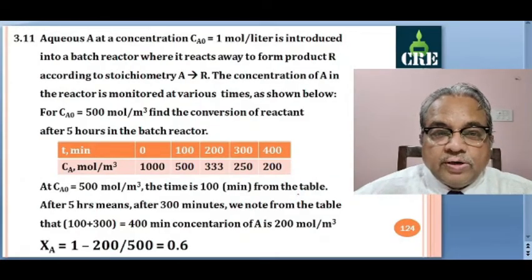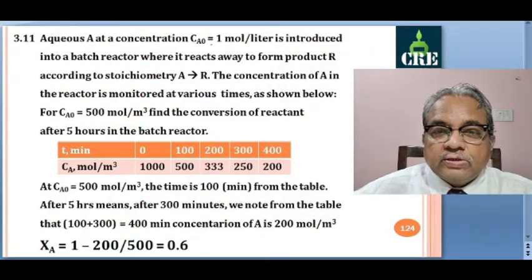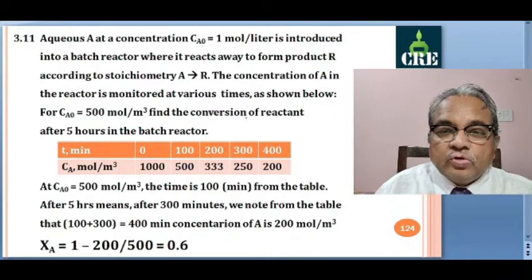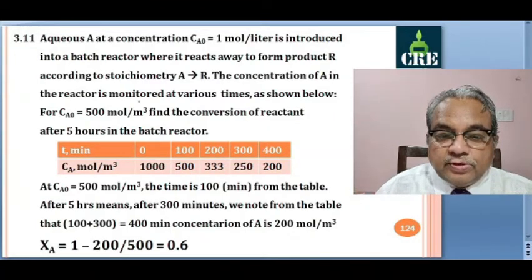Next, 3.11. Here the aqueous A at a concentration of Ca0 is equal to 1 mole per liter is introduced in a batch reactor where it reacts away to form the product R according to the stoichiometry.